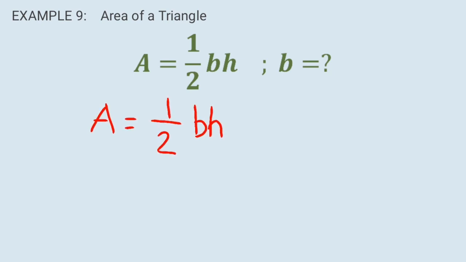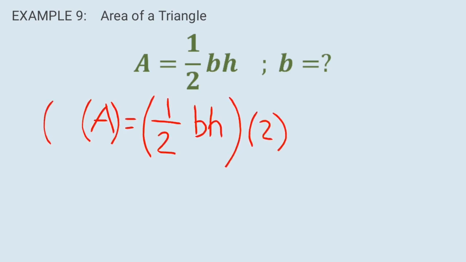To remove the fractional part, we have to multiply both sides by 2, and also on this side.